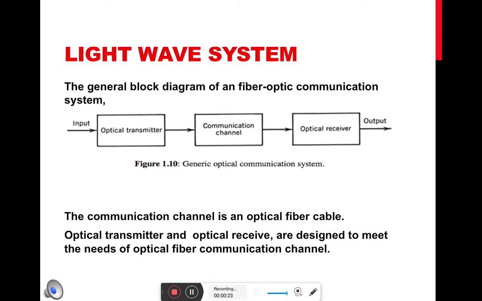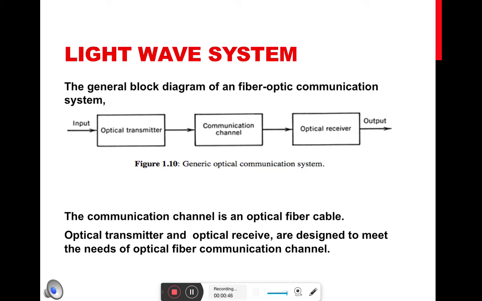So the function would be, we'll have an input. The input can be in any form, electrical form or any form. So this electrical or any form input signal has to be converted to our optical form. That process is done by our optical transmitter. So this optical signal is then transmitted through our communication channel or our optical fiber to our optical receiver.